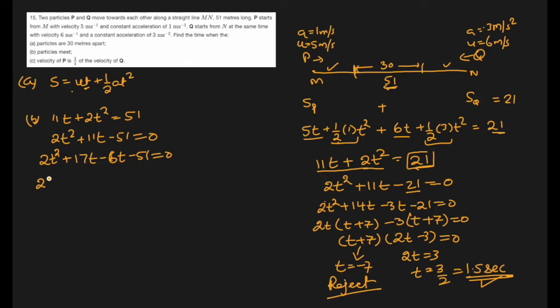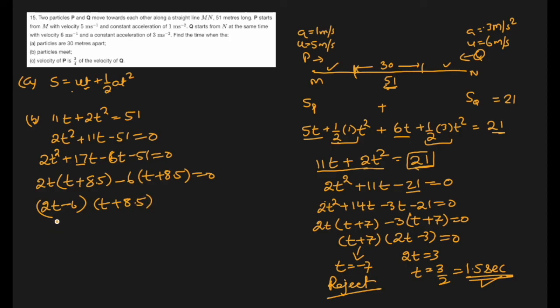So 2T minus 6, and T plus 8.5. Okay, so we get 2T minus 6 and T plus 8.5.